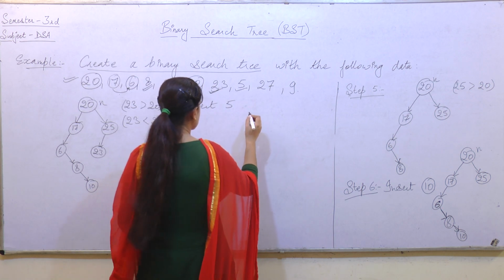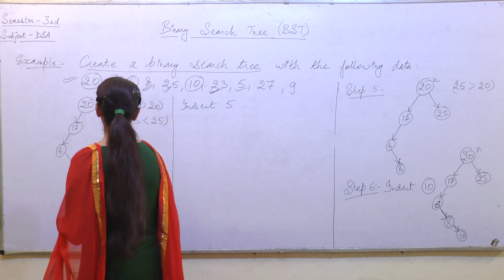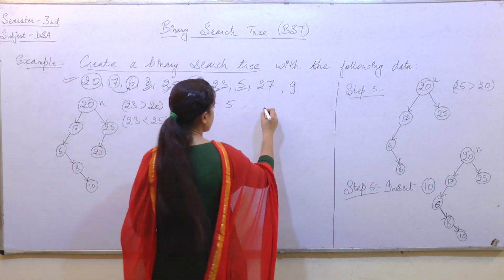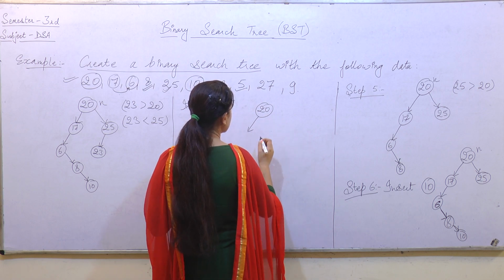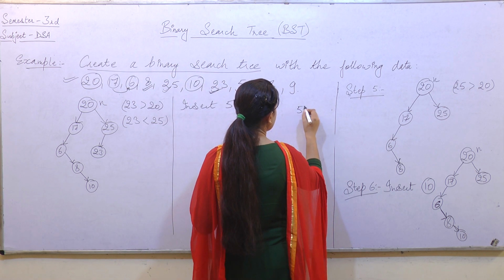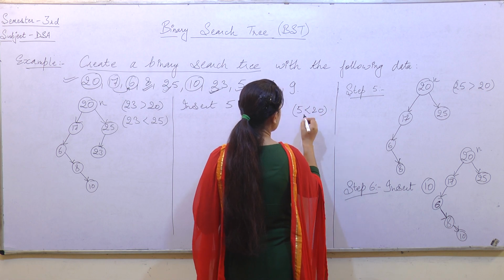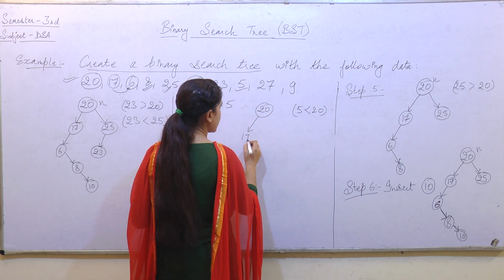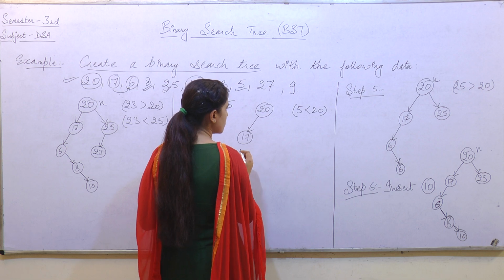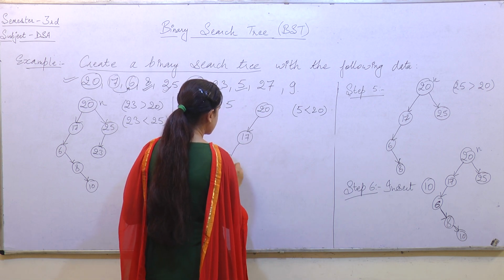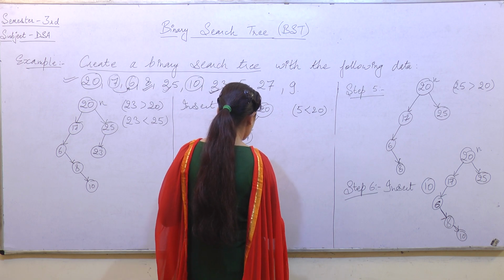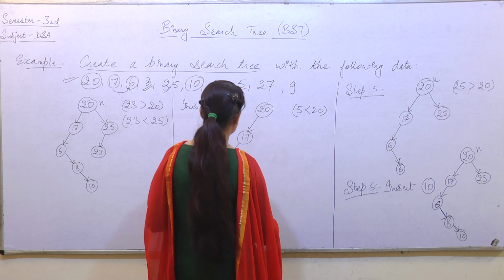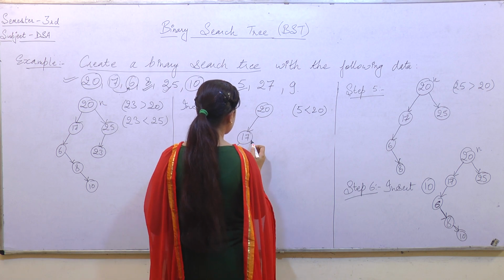We will insert 5. So for inserting 5, we will compare 5 first with the root node. Since the root node is 20, 5 is less than 20. We will move towards the left side of our root node, that is 17. Then we will compare 5 with 17.